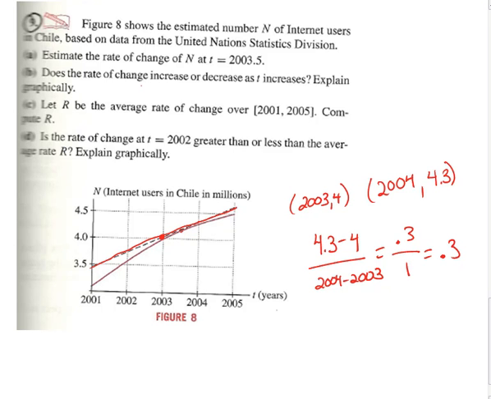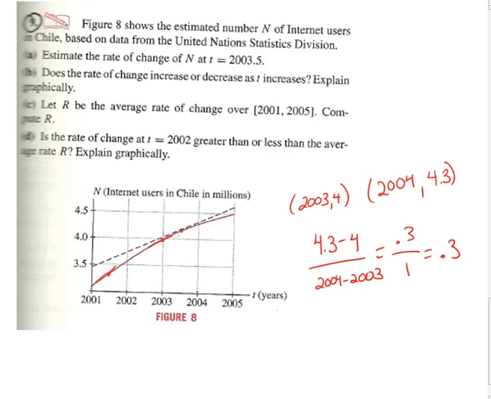Now it says, does the rate of change increase or decrease as t increases? Explain graphically. And I realize this would be hard to show, but if I were to look at the slope, like right here between 2001 and 2002, and compare it to the slope at 2003, you should be able to argue that the slope is decreasing.